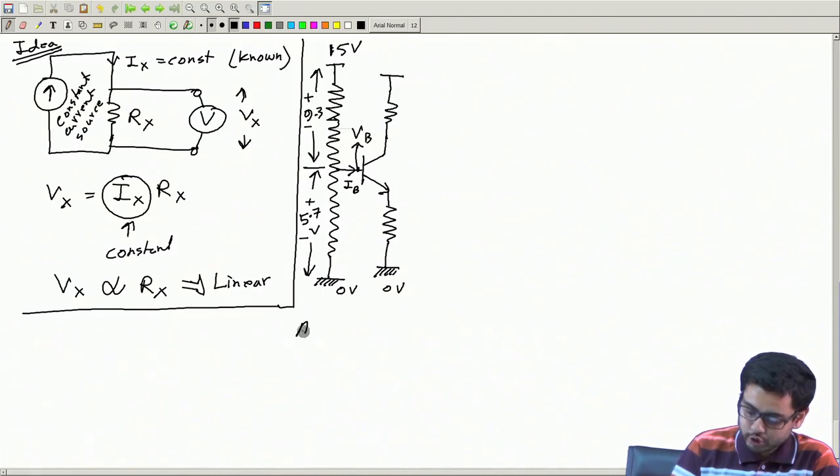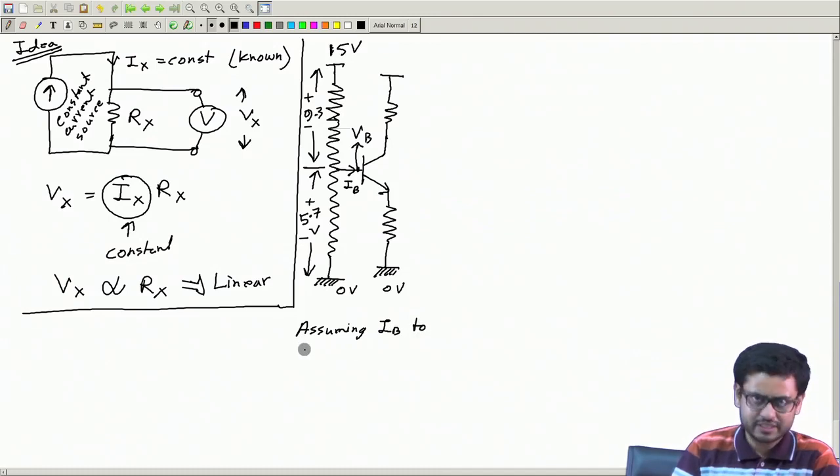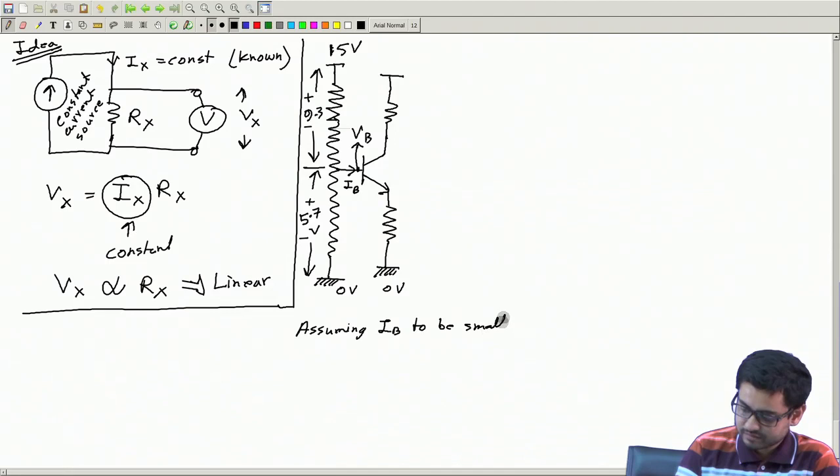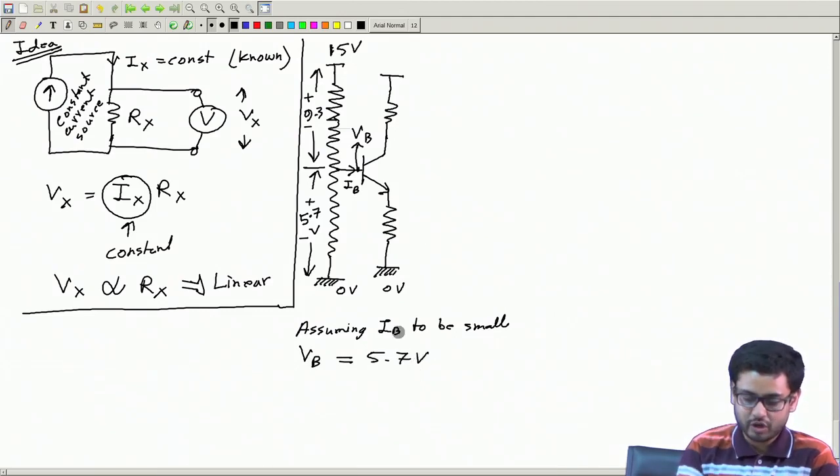So, assuming IB to be small, which is practical, I can write that VB is equal to 5.7 volt constant, because a small amount of current will be drawn through this.